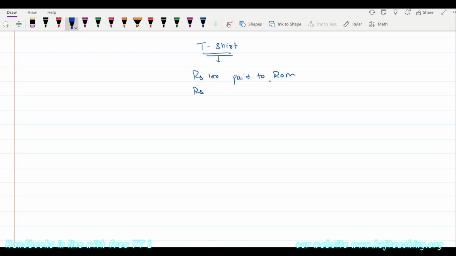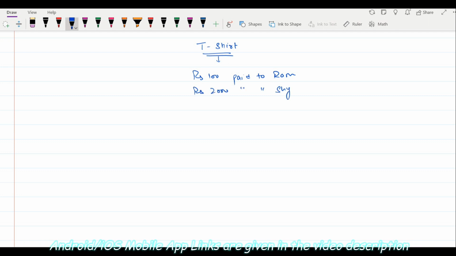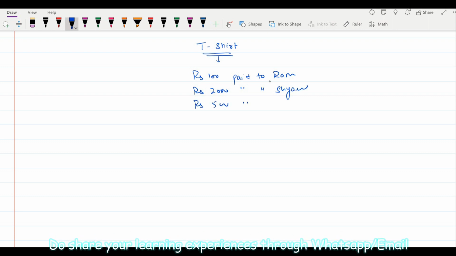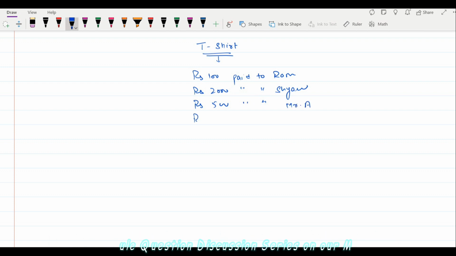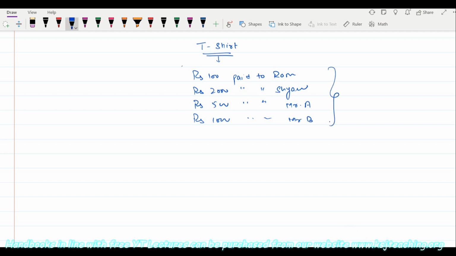Then you say rupees 2000 paid to Sham. Then you say rupees 500 paid to Mr. A. Then rupees 1000 paid to Mr. B. Now this is how you have recorded your cost. Tell me, is it the right way?